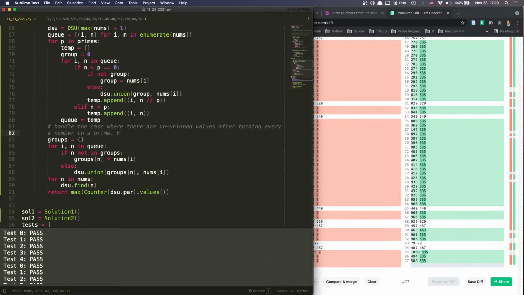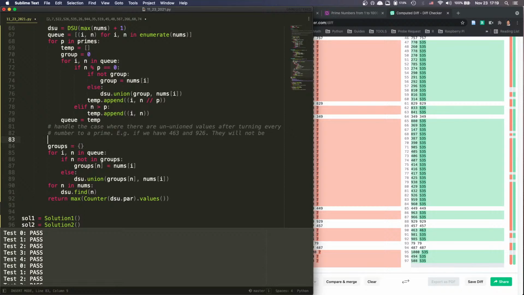For example, if we have 463 and 926, they will not be unioned during the search, during the prime checks, because the prime check stops at 317.